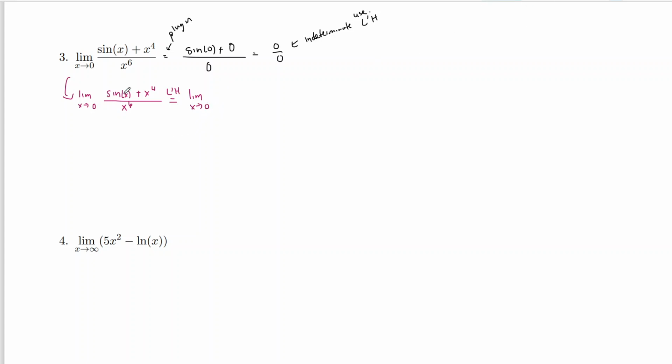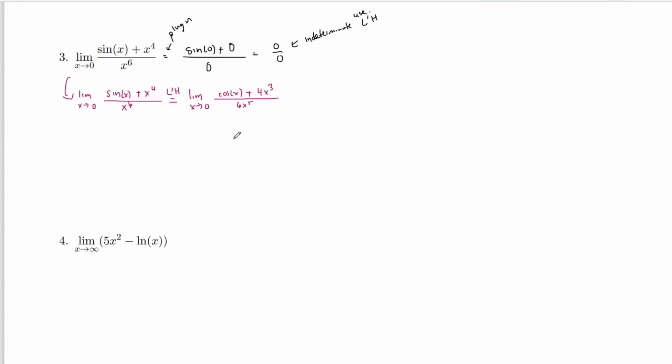We want to do the derivative of the top, do the derivative of the bottom separately, and see what happens. So we got 6x to the 5th just for the bottom's derivative. The top, the derivative of sine of x is cosine of x plus, and the derivative of x to the 4th is 4x cubed.